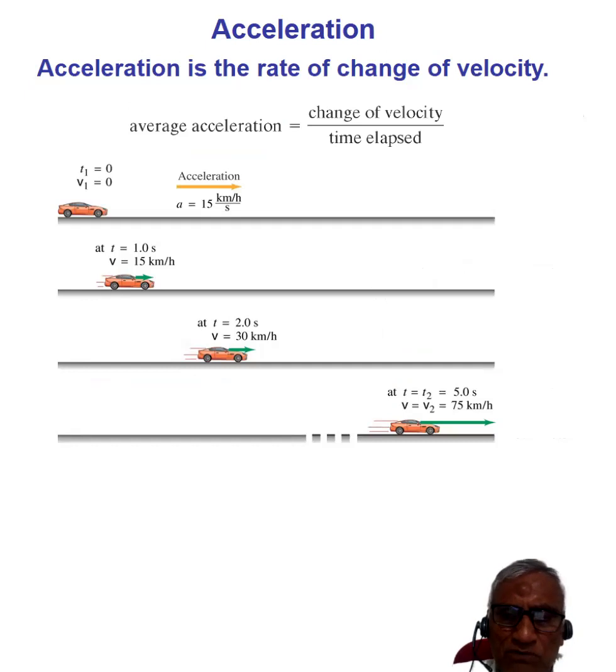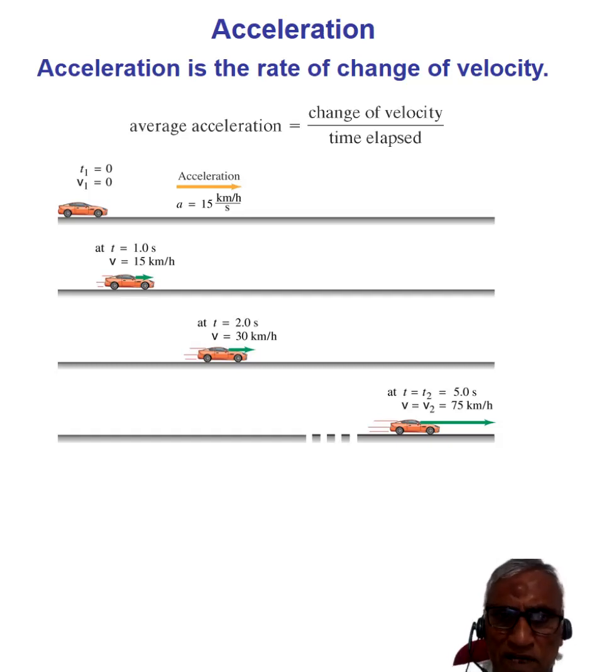In a uniform circular motion, there is no change in speed, but still it is undergoing acceleration, because velocity involves both magnitude and direction. So if the direction changes without change in magnitude, there is no change in speed, but still there is acceleration.